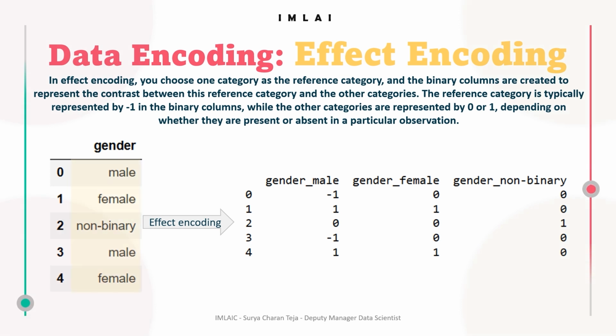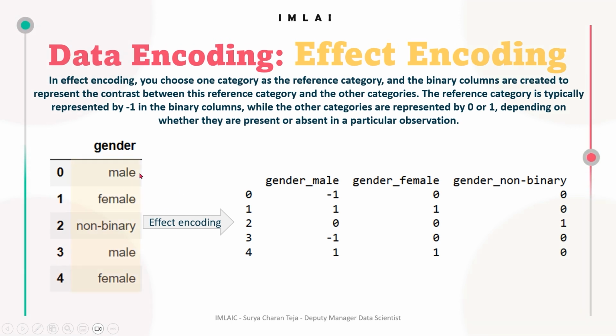Out of these three categories, let's choose male as the reference category. The effect encoding would create two binary columns, one for female, one for non-binary. So male is my reference category, the other two are binary categories.